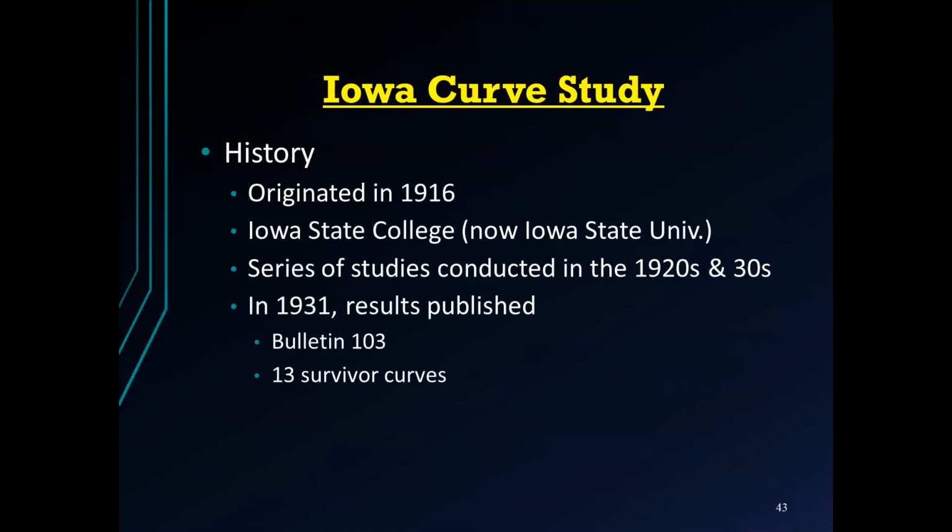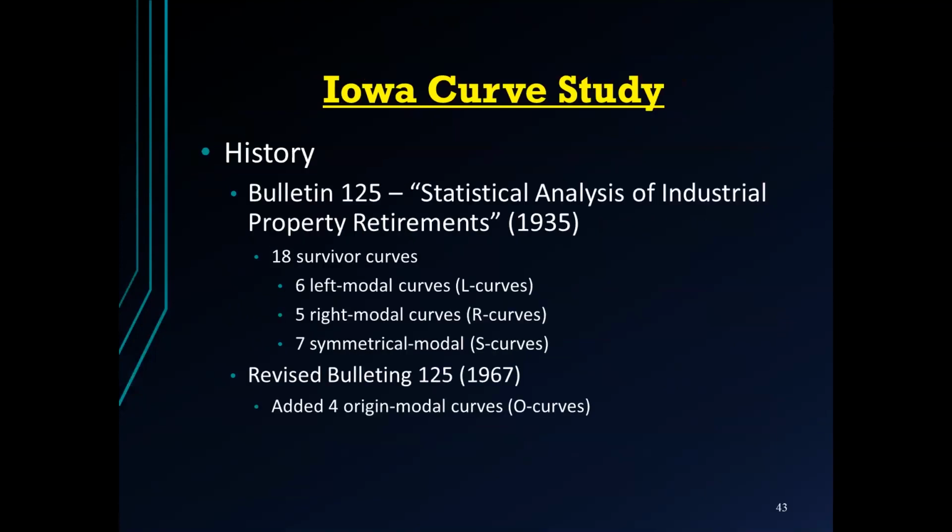And you can go find that online if you're ever bored. And they established 13 survivor curves. What they were doing is they were tracking particular assets over time to see how those assets were retired or taken out of service. And essentially you can come up with a survivor curve or kind of like a mortality curve, which tells you how often these assets are going to be taken out of service and when within their economic life or expected normal useful life that retirement is occurring. They came up with 13 survivor curves, and that's been expanded, and we'll talk about that now.